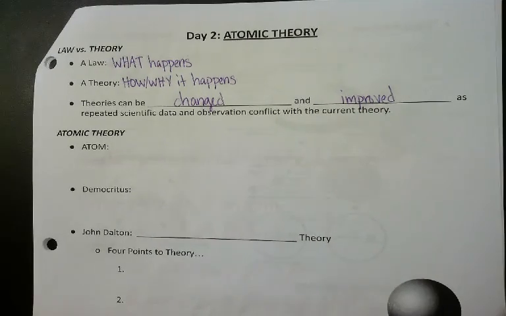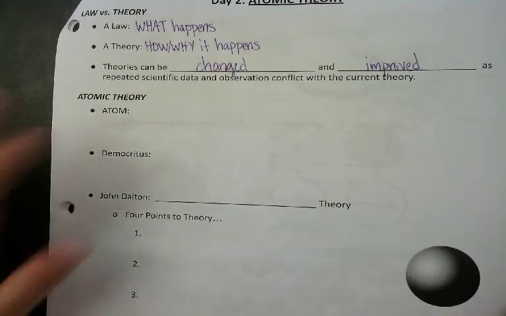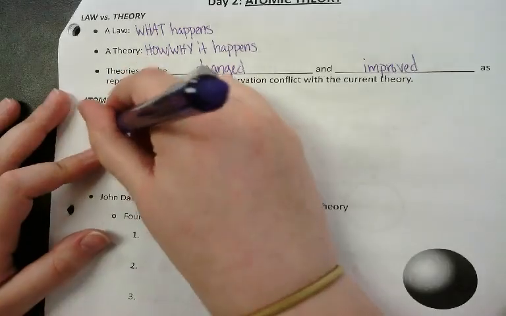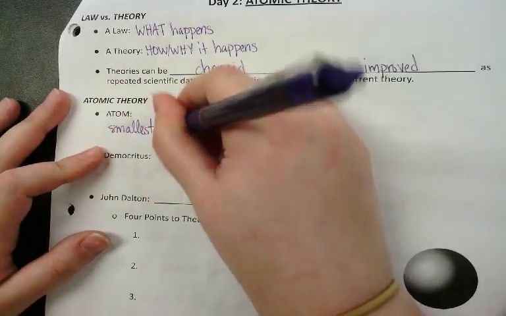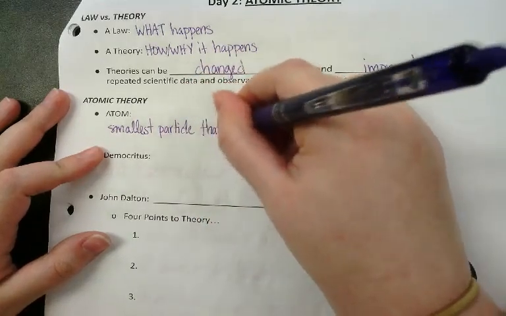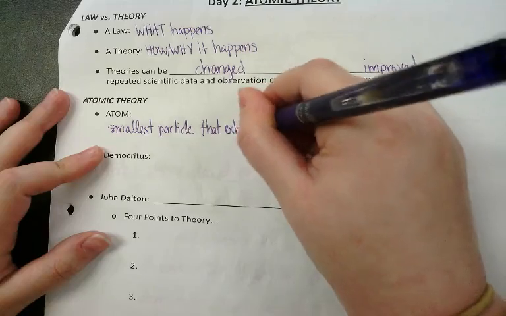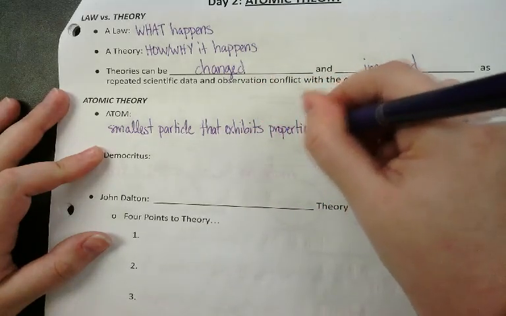All right, so we're going to talk about atomic theory today. That's theory about the atom. Well, an atom is the smallest particle that exhibits properties of that element.